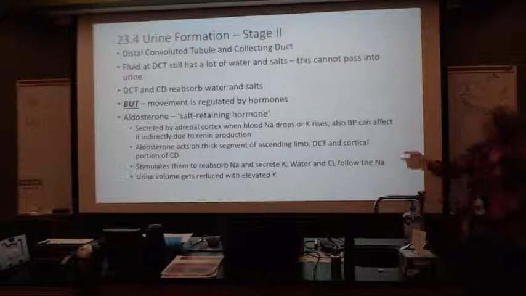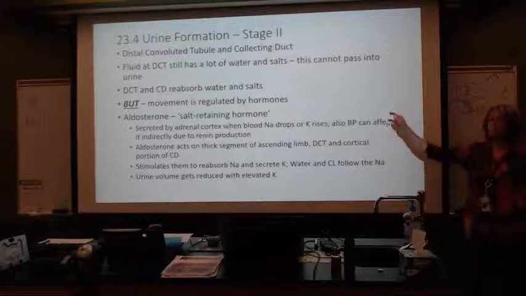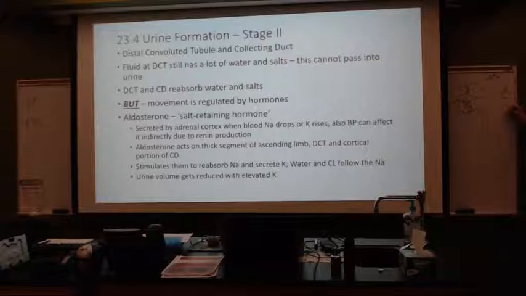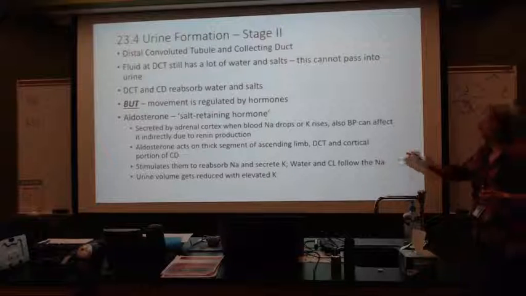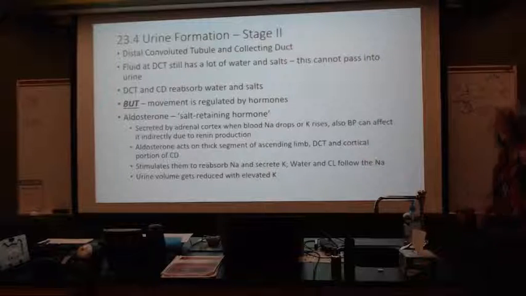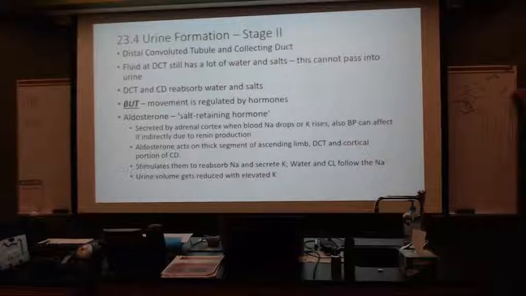So aldosterone, what it's going to act upon, when you look at this ascending limb, a huge portion of it was the thick segment. So aldosterone can act on this thick segment of the distal convoluted tubule, and then on my cortical portion of the collecting duct, the portion that's near the cortex.